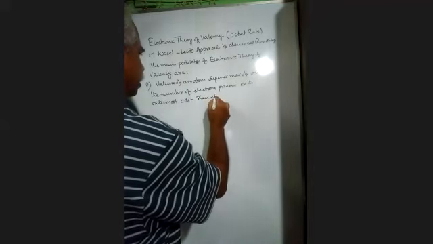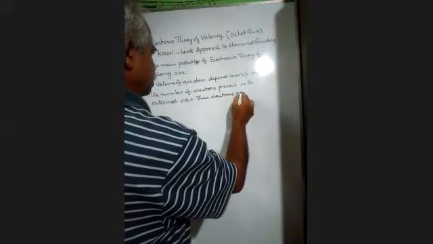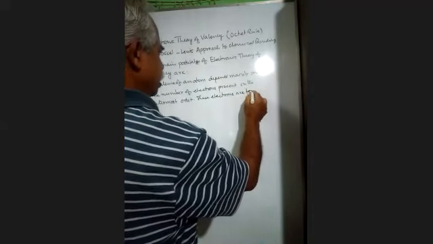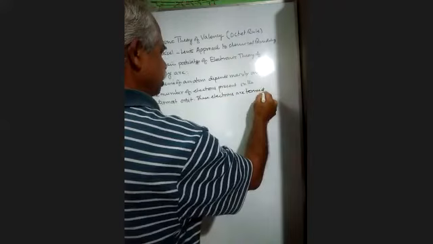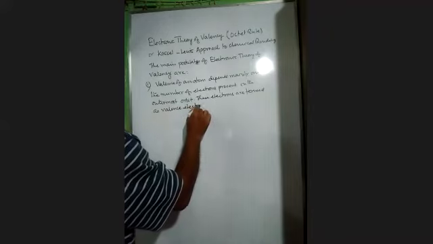These electrons are termed, T-E-R-M-E-D, termed as valence electrons.